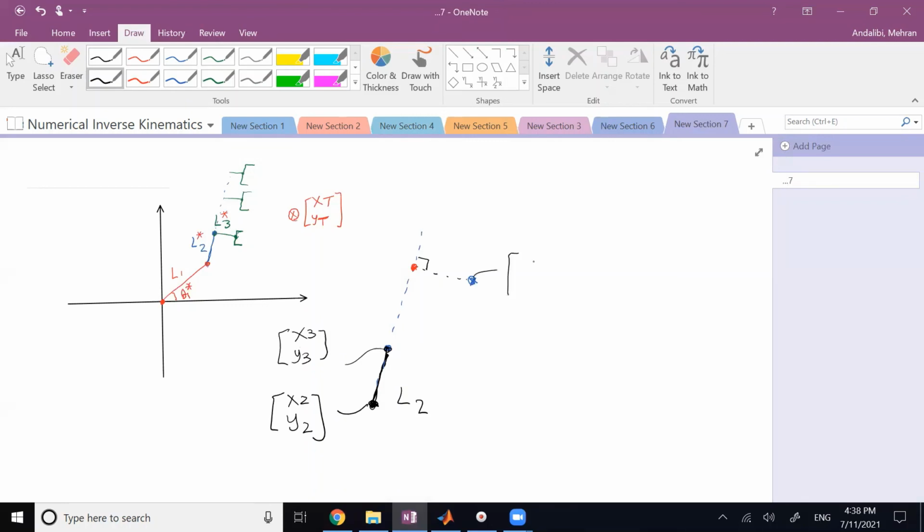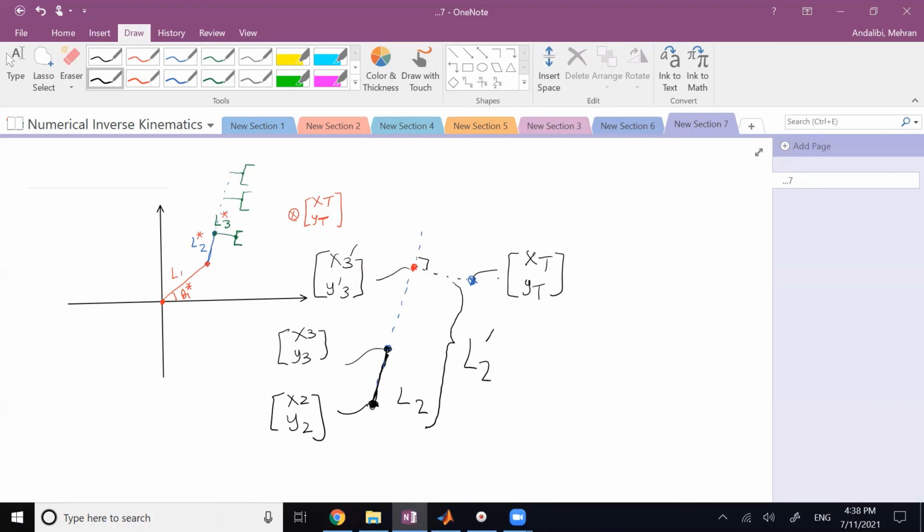This is your target point, so that is X target and Y target. And this is the new location of joint 3 that is closest to the target. So if you don't mind, I would call it X3 prime and Y3 prime, the new location. And the new length of this member, I would call it L2 prime. So all I need to change is L2 prime minus L2. If I increase it by that distance, I'm getting it closer.